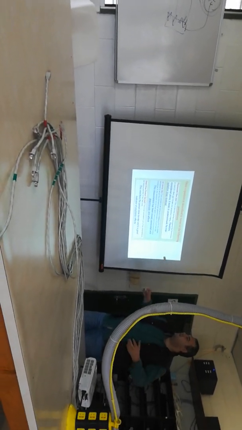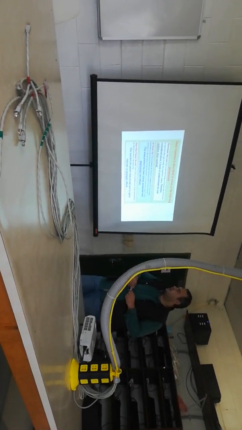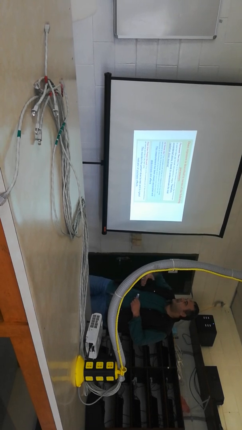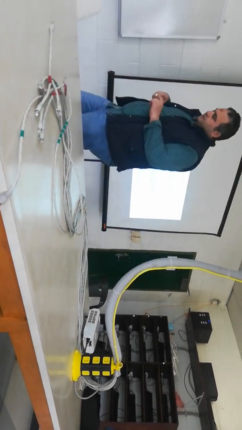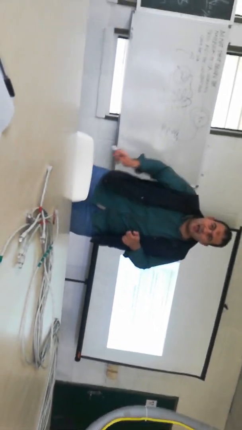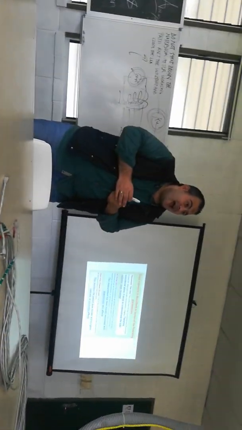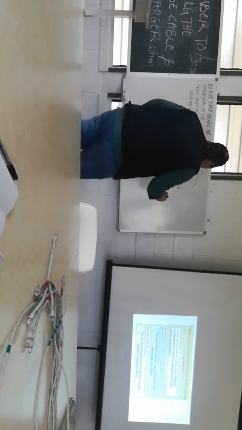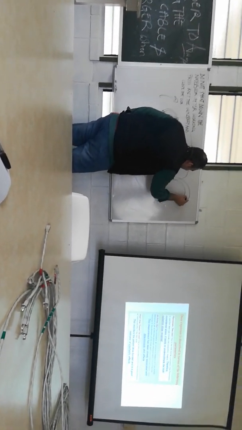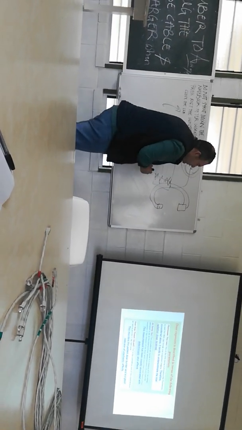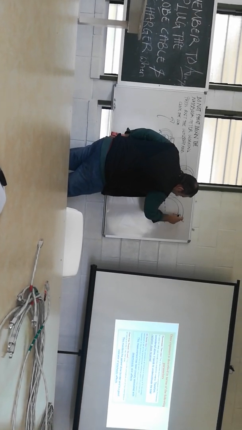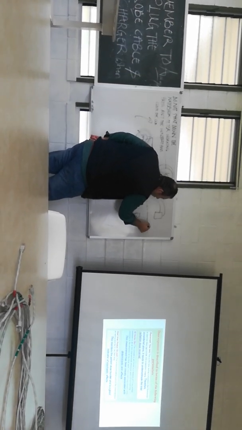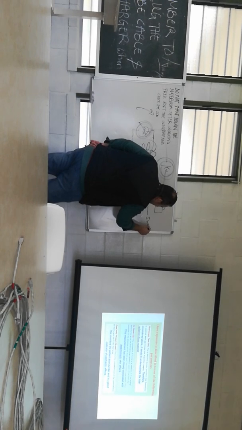Fluoroscopic time is the time of exposure. Air Kerma, as I told you before, is kinetic energy released per unit mass, and it is the dose at a certain point. Here, this is the X-ray tube and this is the image intensifier. The center between the image intensifier and the X-ray tube is called the isocenter.